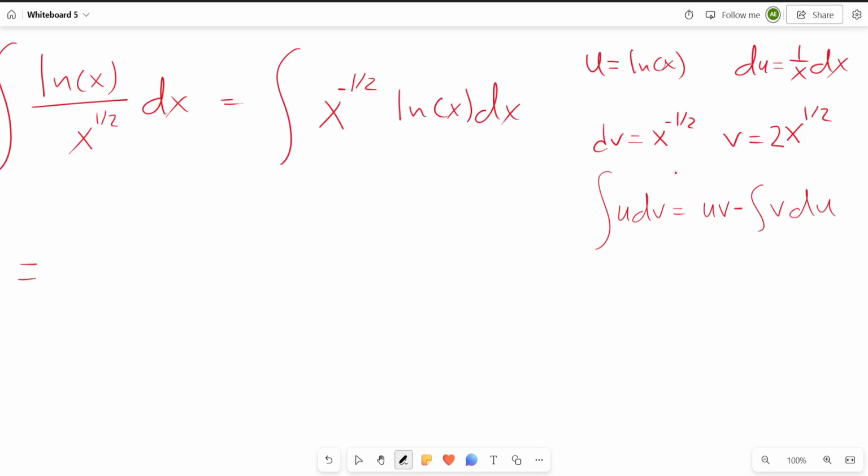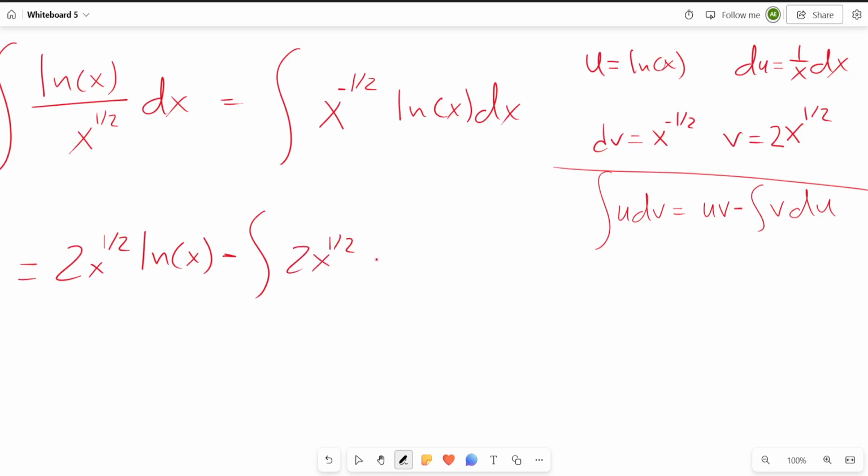So my u is ln x, my v is 2x power half, so that is 2x power half times ln of x, minus integration of v du. So v is 2x power half times du, which is 1 over x dx. So I can rewrite this. I'm going to change this x power half to root x just because it looks better.